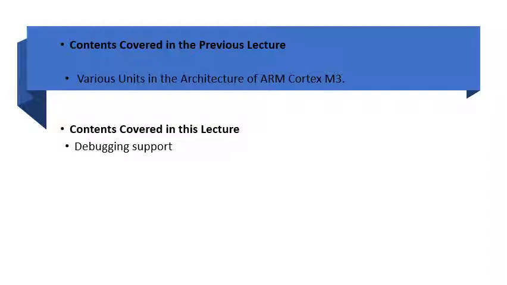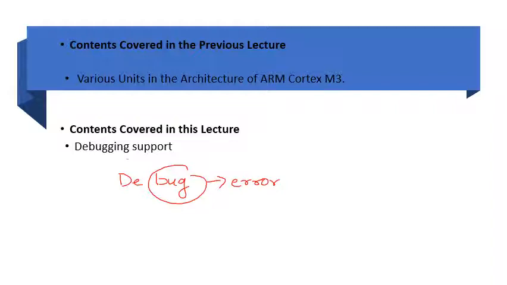Before going into the actual details, first you should know what is the meaning of debug. If you split the word into de and bug, bug means an error. So how to overcome this error?